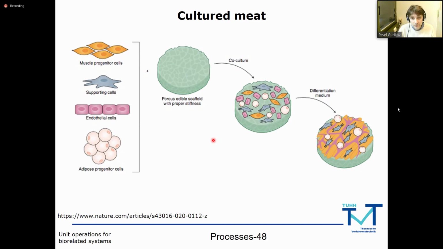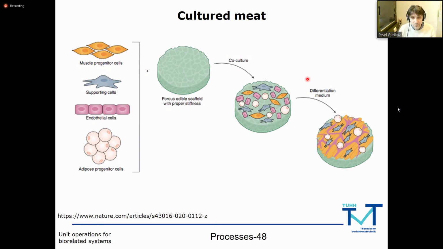To mimic meat, you have to introduce various cells, and various cells require different conditions to grow. You need cells which support, for example, muscle cells and endothelial cells, and they have to grow exactly as they do in our muscle tissues.